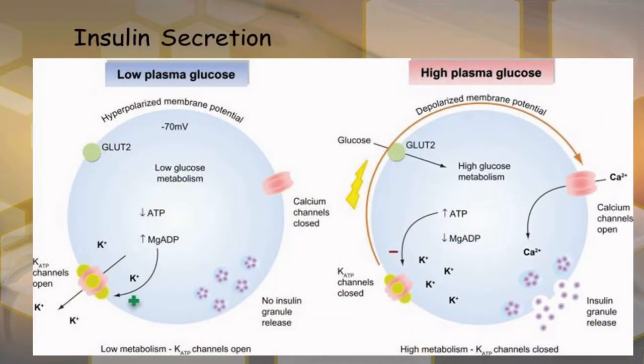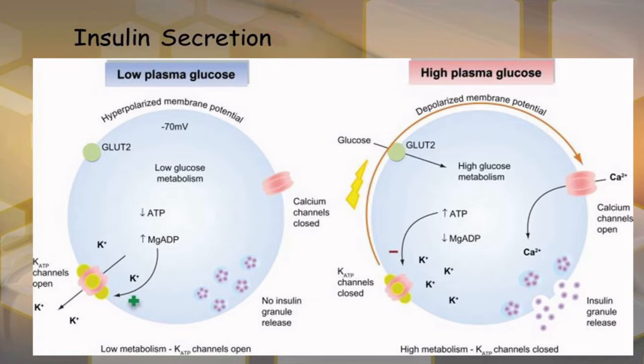right? So the insulin secretion is dependent on plasma glucose concentration. So consider your plasma glucose concentration is very low. So when your plasma glucose concentration is low, the membrane potential of the cells is approximately around minus 70 millivolts, as you already know.